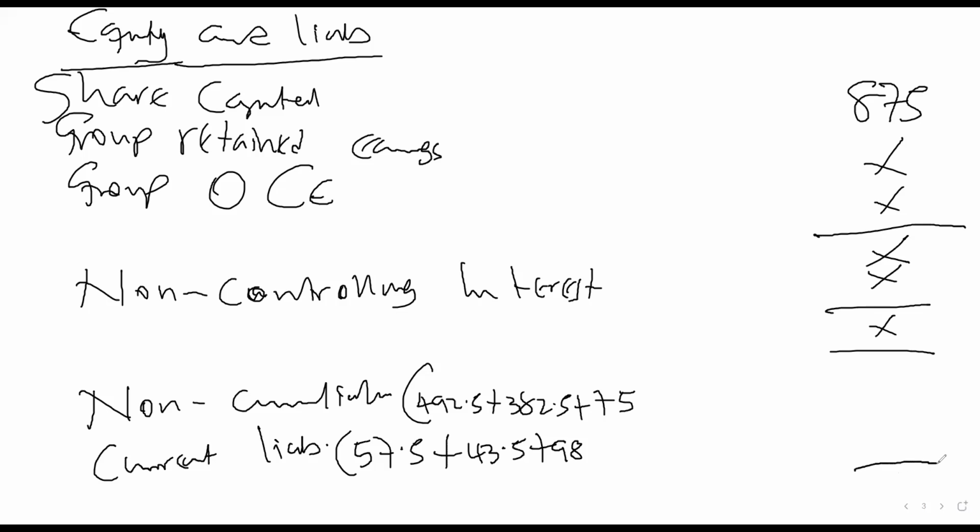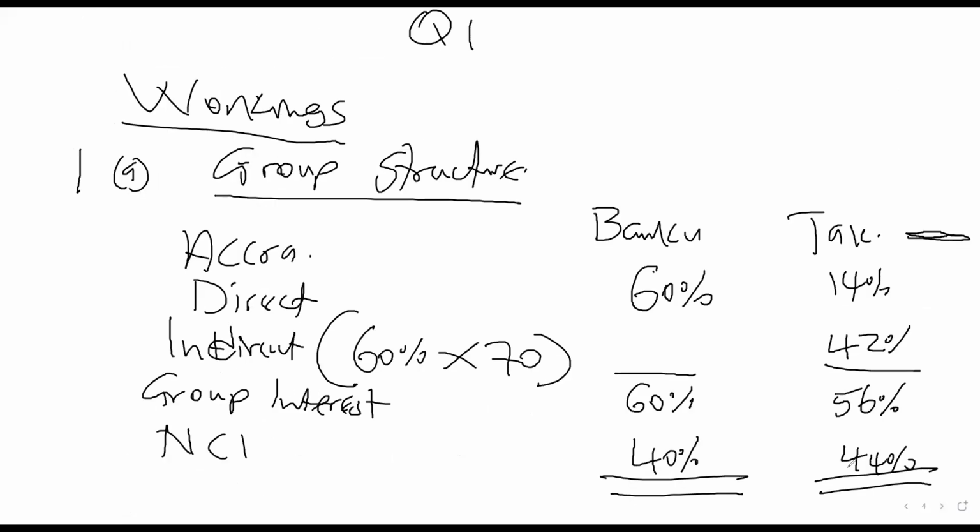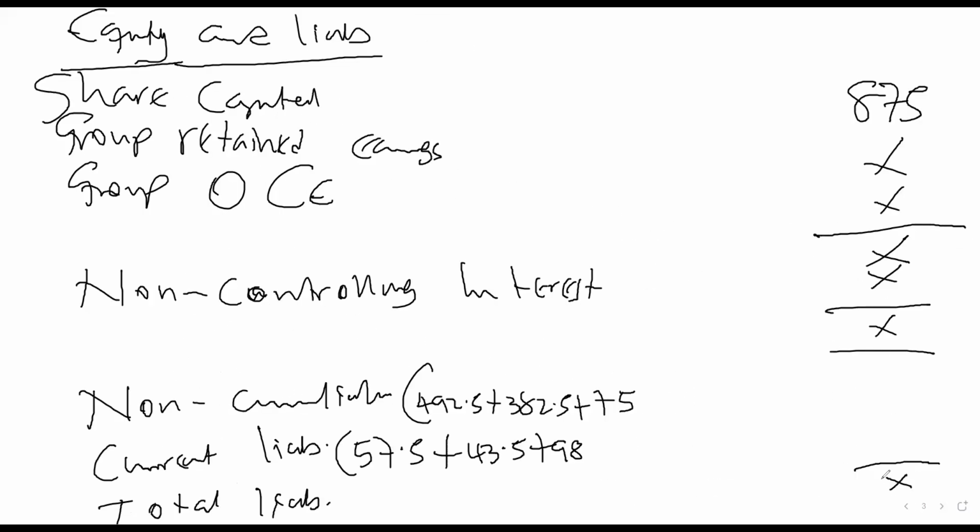When they finished, they added everything. They had a total liability. If you are afraid, you leave one line and write total liabilities. The next line, they wrote total equity and liabilities.